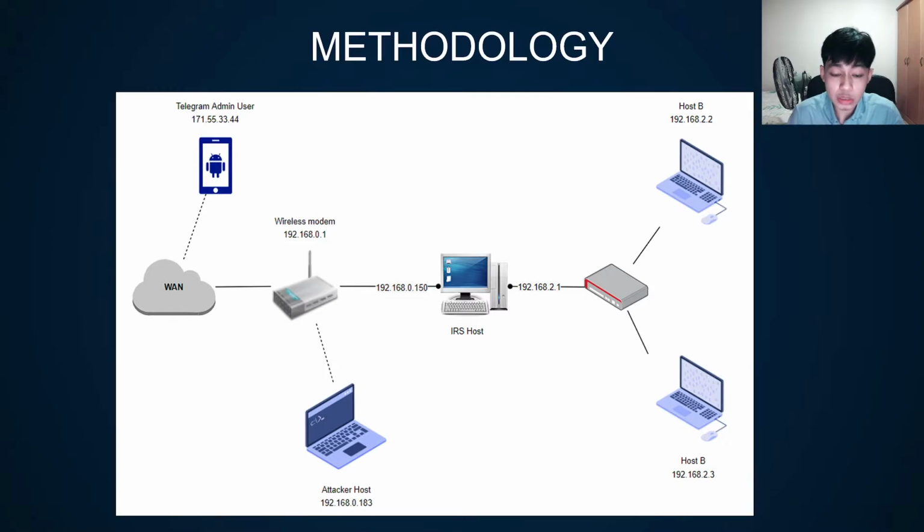The IRS host contains the Python script and Snort. So whenever an attack goes through the IRS host, it will send an alert to the Telegram user, who resides on the public network address. The Telegram admin user will choose whether they want to block or allow. Whenever they block the threat, it blocks the traffic coming from the attacker host.